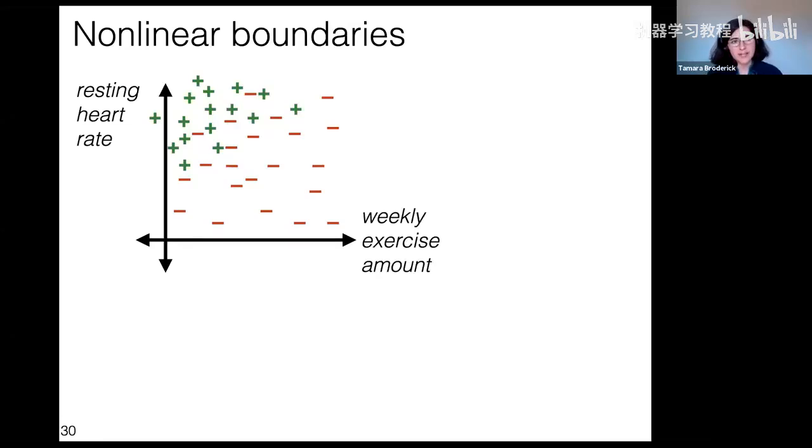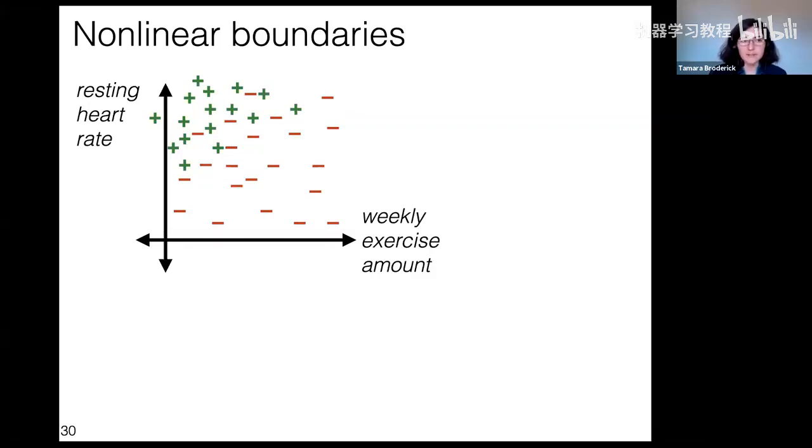Maybe if my weekly exercise amount goes up, I tend to not have heart disease as much. If you look at people whose resting heart rate is going up, maybe they tend to have more prevalence of heart disease, but there's often this sort of wishy-washy in between. Some people who exercise a certain amount and have a certain resting heart rate have heart disease, and some people don't.